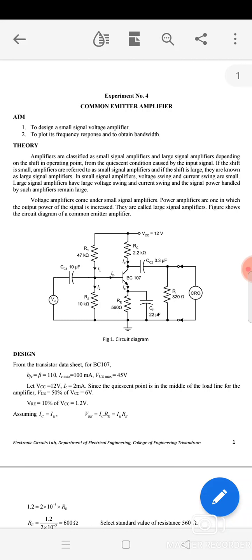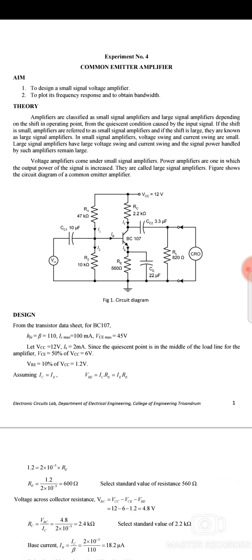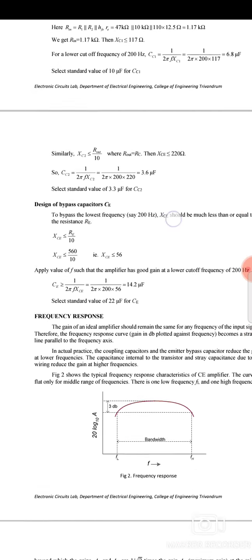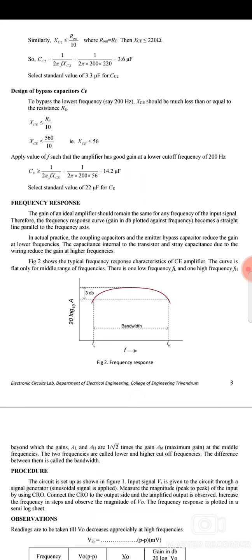With that much range in the amplifier circuit for amplification between input and output at different input signal frequencies, we get a response like this. That is the response of the single stage CE amplifier.